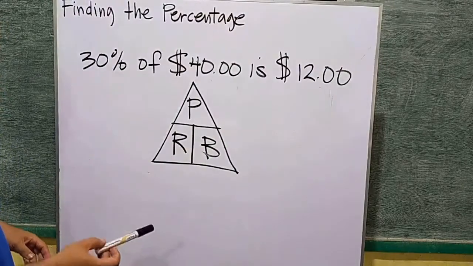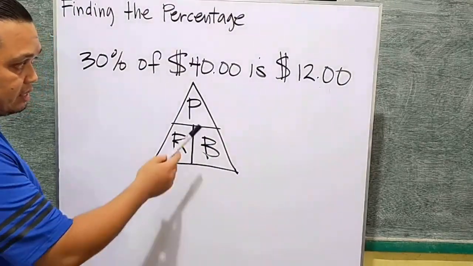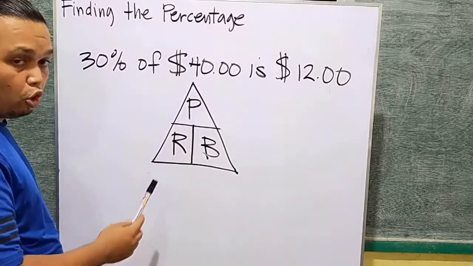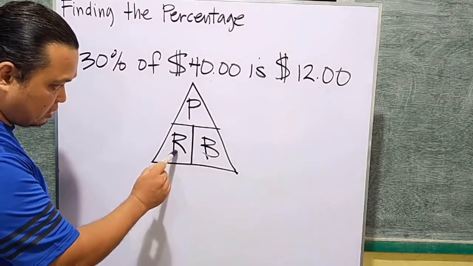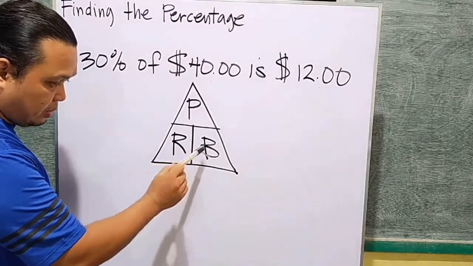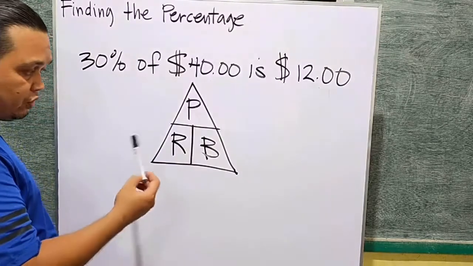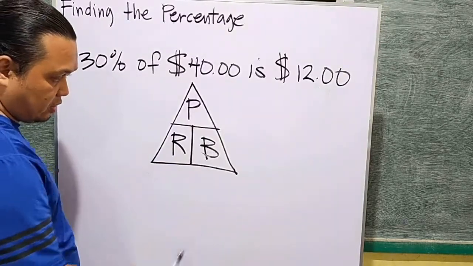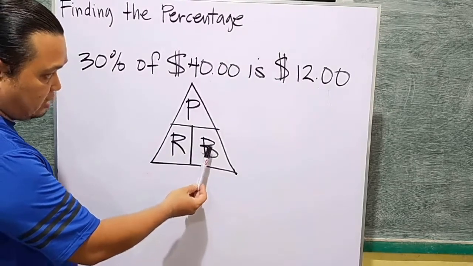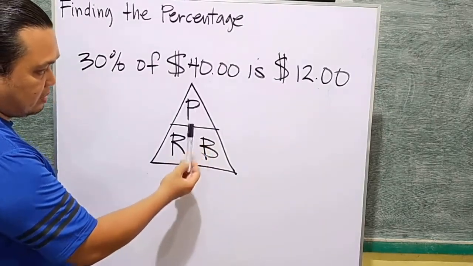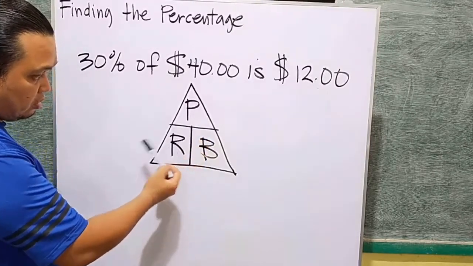Now, how do we use this? For example, if we need to find the percentage, all we need to do is multiply the rate by the base, or rate times the base. If we need to find the base, all we need to do is divide the percentage by its rate.